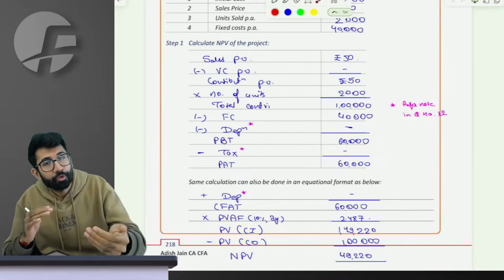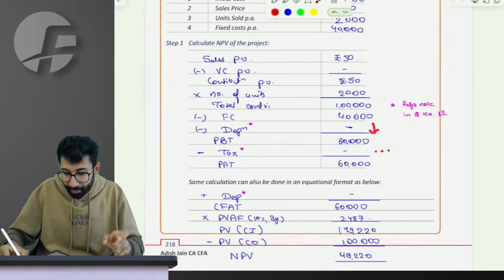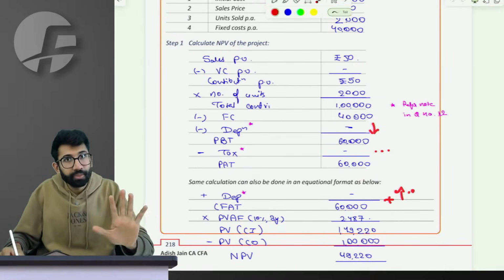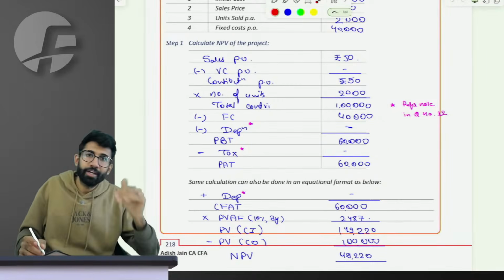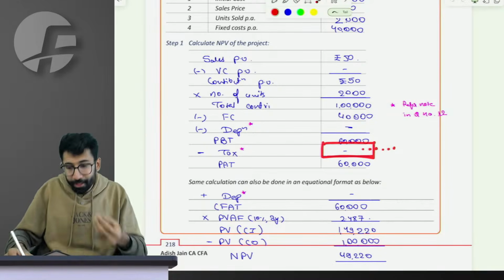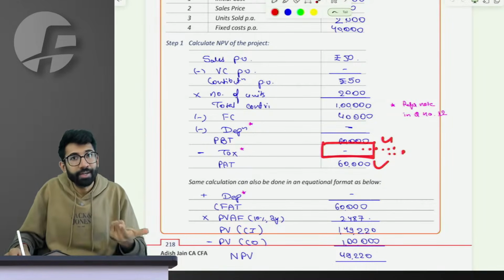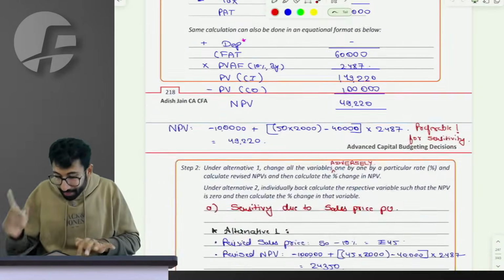Depreciation is not a cash outflow, but you get a tax benefit, which is why you first deduct it, calculate tax and add back. But if there is no tax rate, you will deduct the same amount and add back the same amount, and it won't affect PBT or PAT, so you can ignore depreciation, which is why it has been ignored.